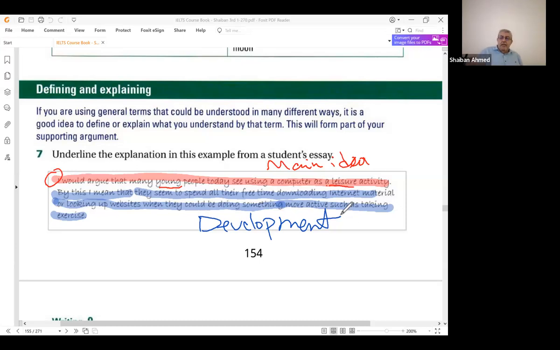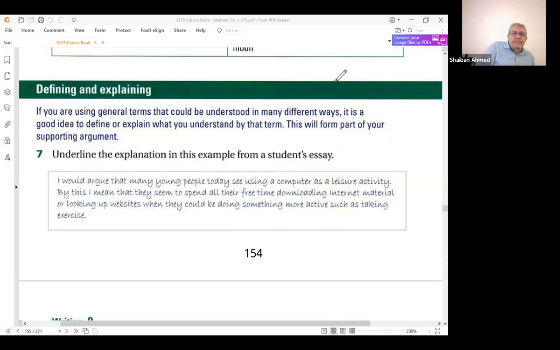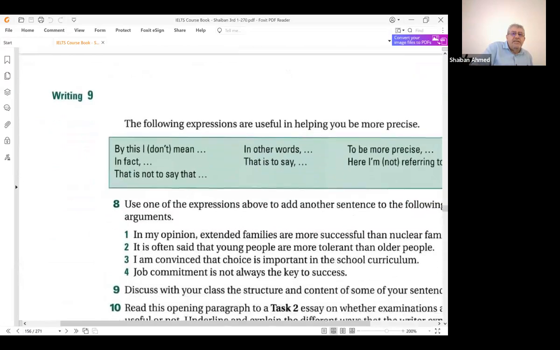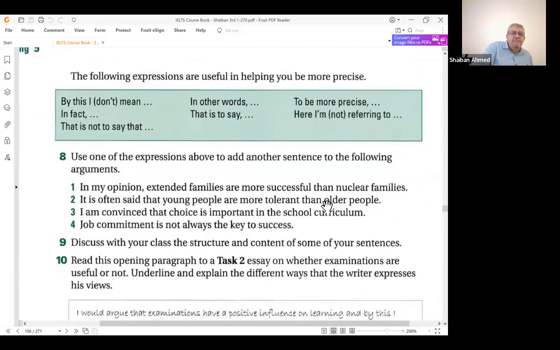Okay. Good. Now, how to express an idea, how to develop an idea fully.